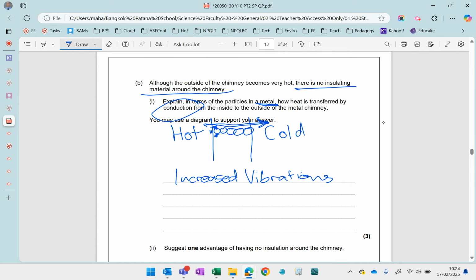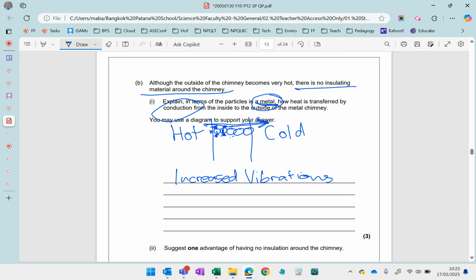If you talk about them moving faster, that's not correct, because they don't actually move; they move backwards and forwards around a fixed position. This particle is going to collide with its next door neighbour, and that means that the vibrations are passed on to neighbouring particles.